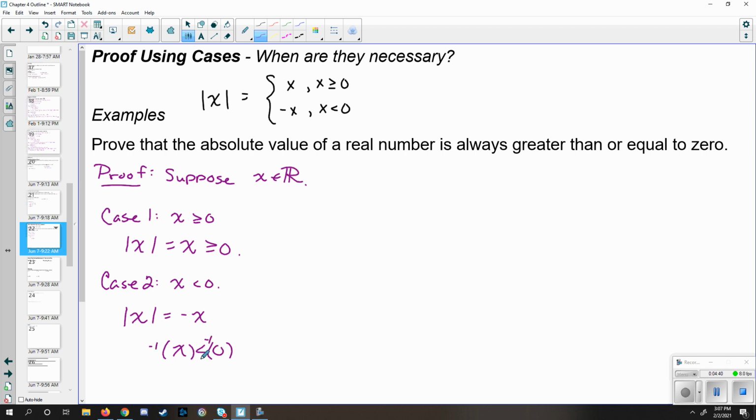When you multiply an inequality by a negative, you have to flip the sign. So you have that negative x is greater than 0. So this also shows that the absolute value of x, when x is less than 0, is greater than or equal to 0.